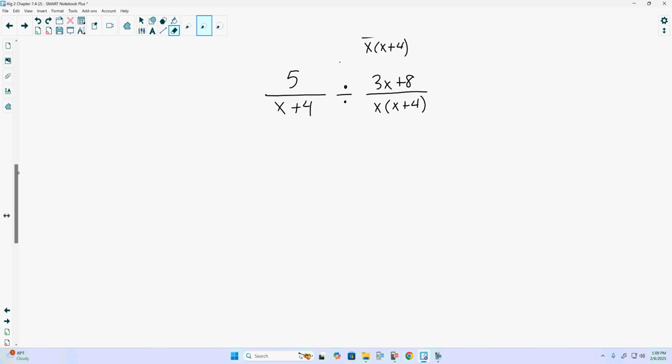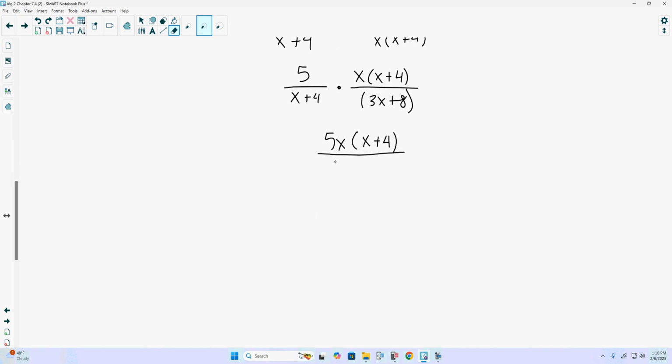So, guys, up here, with division, we can keep the first the same, change it from division to multiplication, and flip the second. That tells us that we have 5 over x plus 4 times x plus 4 over 3x plus 8. And when we multiply this, on top we'll get 5 times x plus 4 over x plus 4 times 3x plus 8.